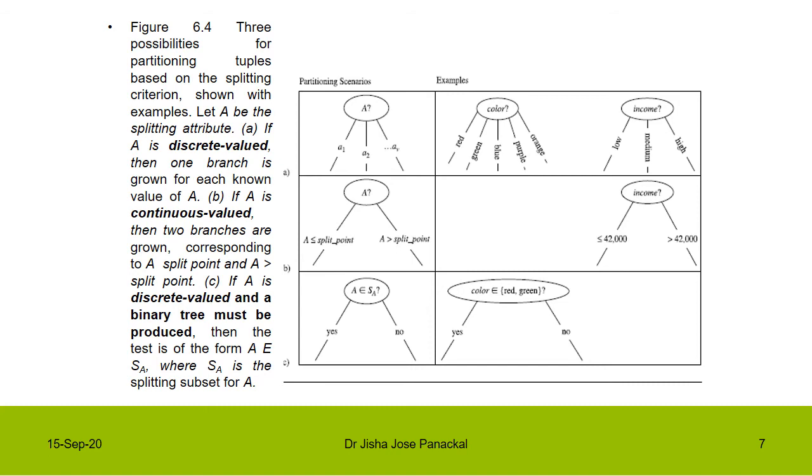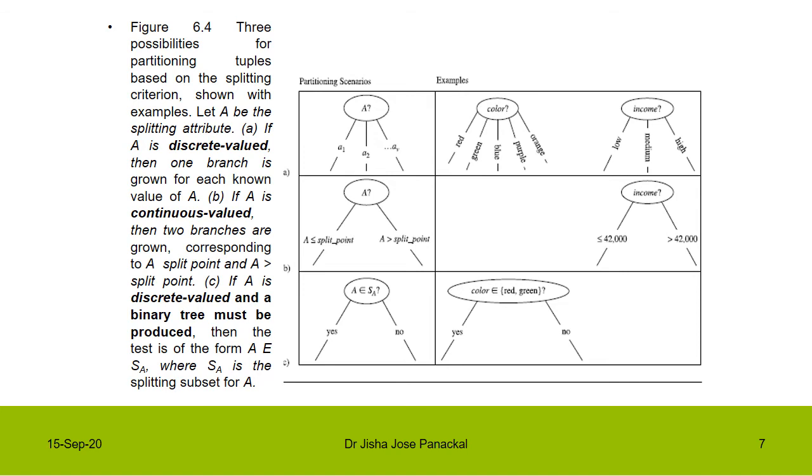And if A is continuous valued, then 2 branches are grown corresponding to A less than split point and A greater than split point.